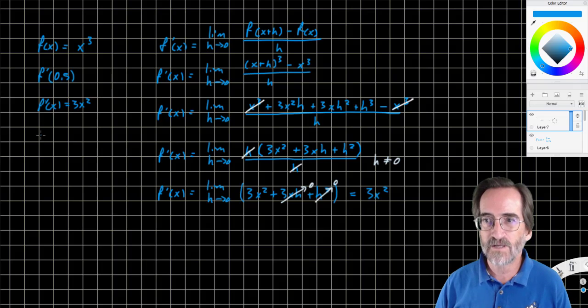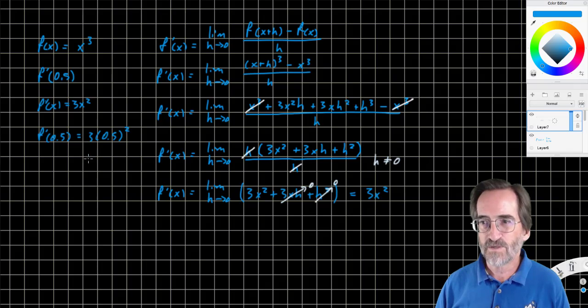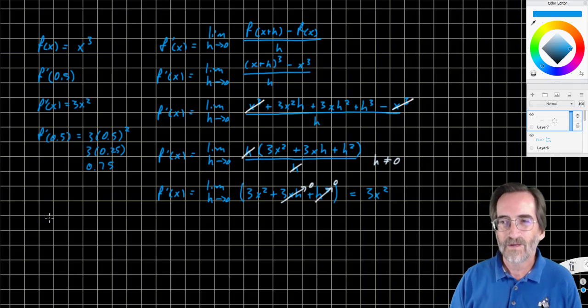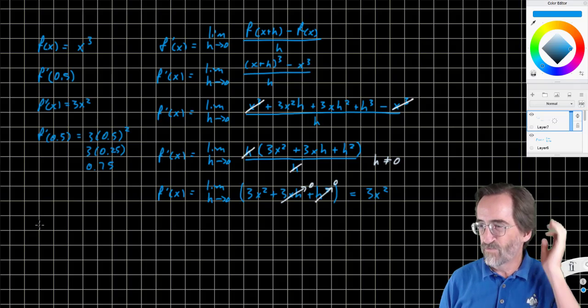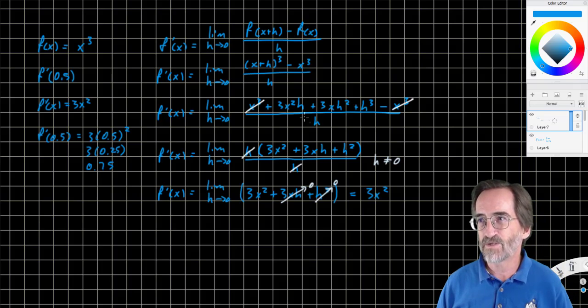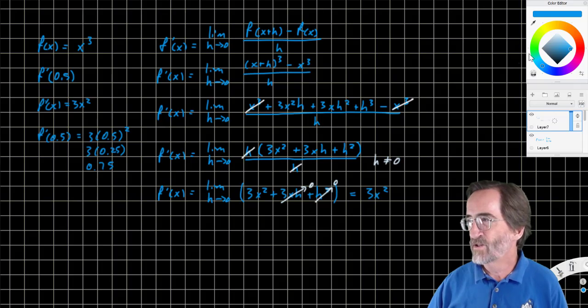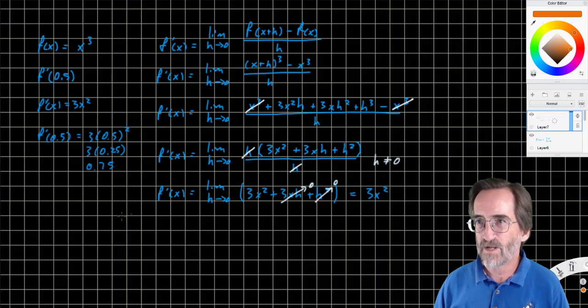So the instantaneous derivative at 0.5 is 3 times 0.5 squared, which is 3 times 0.25, which is 0.75. Right? So that's how to use the general definition. The specific definition would probably be impossible to do in this particular case. Let's do it, though, just to see how it's set up.